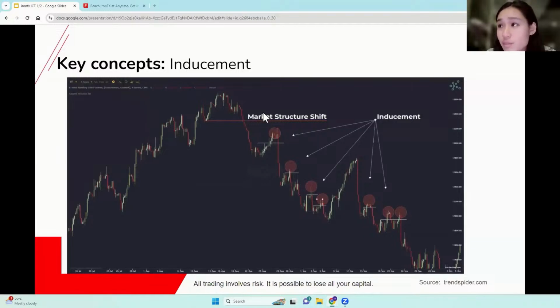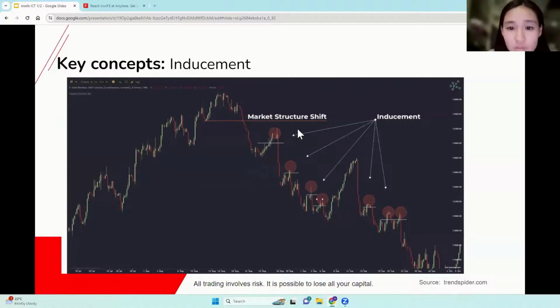So if you see in this example where we have identified the market structure shift, it's basically when price has broken below this swing low. Okay, so that's a market structure shift. The inducement is when price has bounced off, which is over here, and is reversing off of a new resistance level.